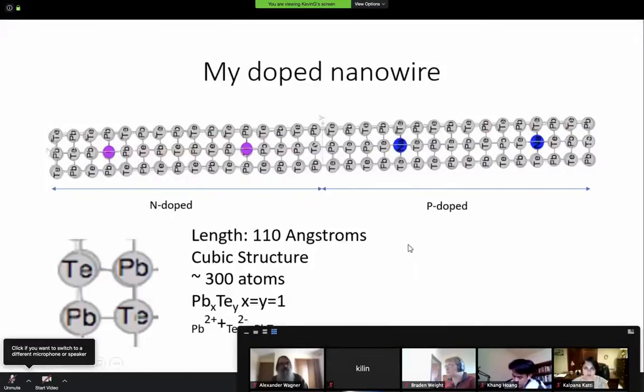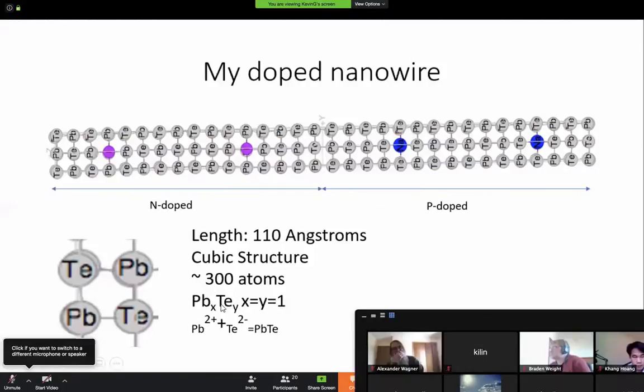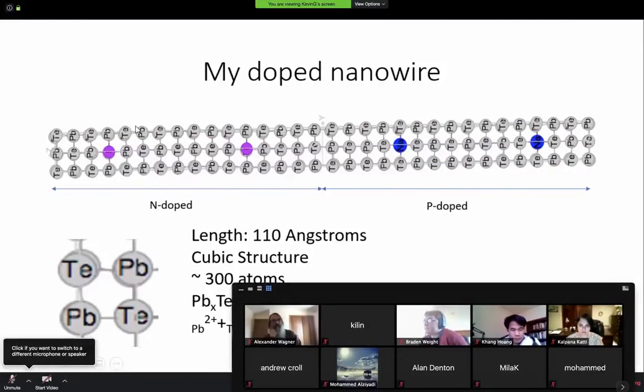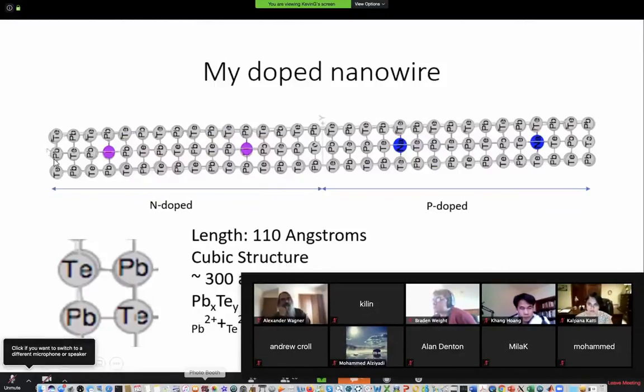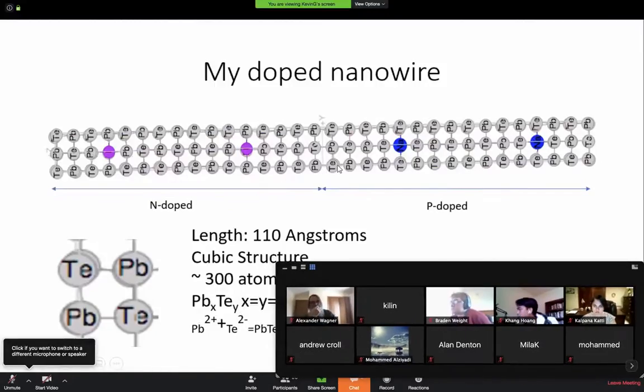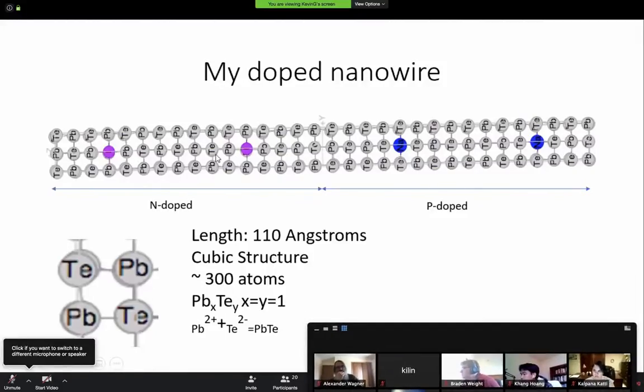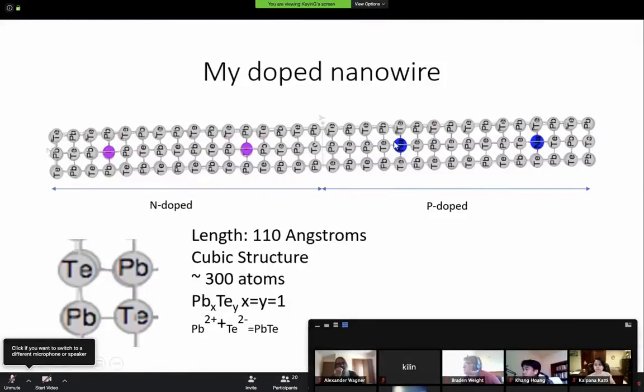Okay, and here's a model of my doped nanowire. This is my lead telluride nanowire. These pink dots right here are my iodine dopants, and these blue dots right here are my sodium dopants.